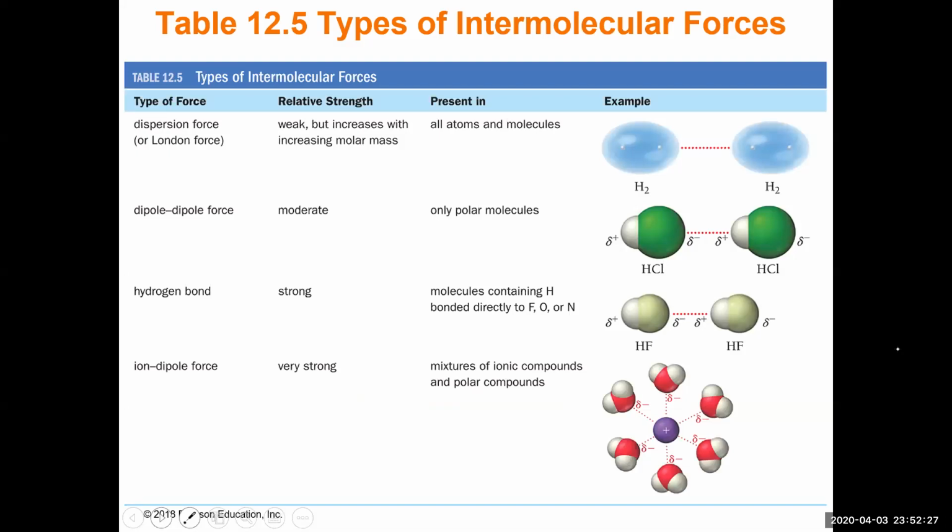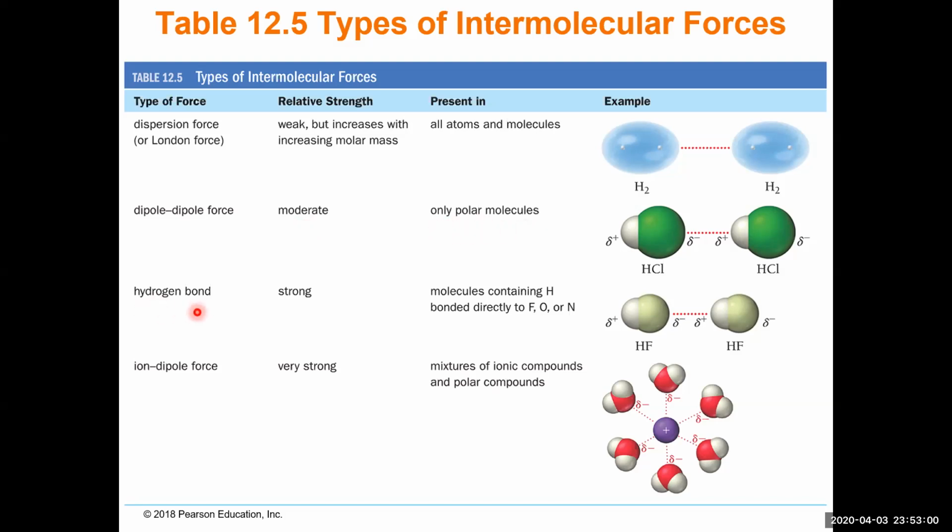Table 12.5 summarizes the different types of intermolecular forces. We have the dispersion force, also known as the London force, which is weak but increases with increasing molar mass of similar families, and it's present in all atoms and molecules. We then have the dipole-dipole force, which has a moderate strength, and it's only present in polar molecules.